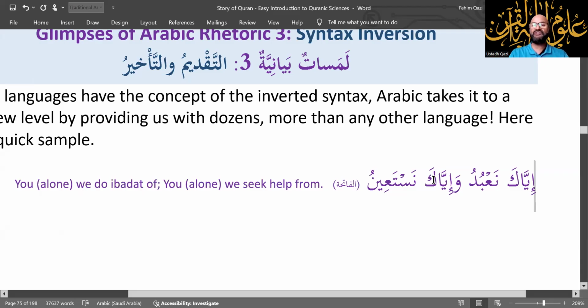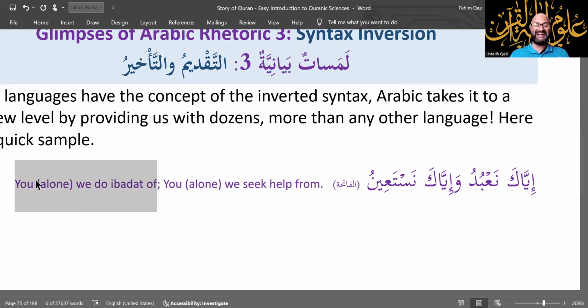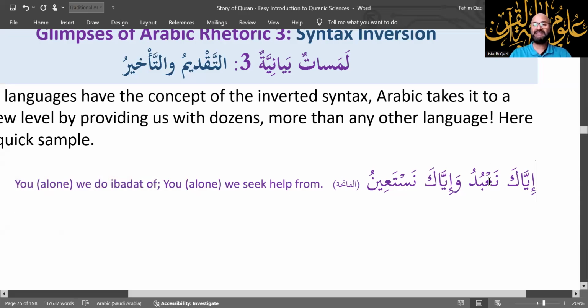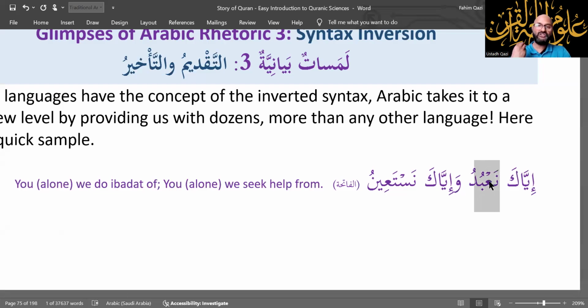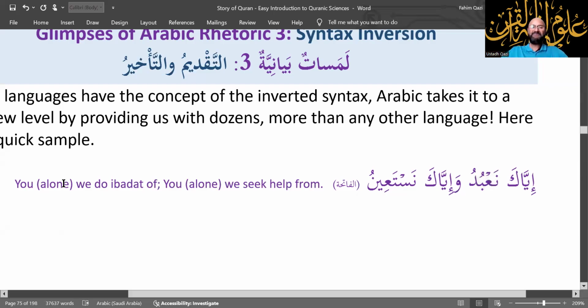Because if you look at the original Arabic, let's look at Iyaka na'budu, the first sentence. The word alone or only does not appear in the sentence. It's just Iyaka, which is you, na'budu, we do ibadah. So where is this alone coming from?